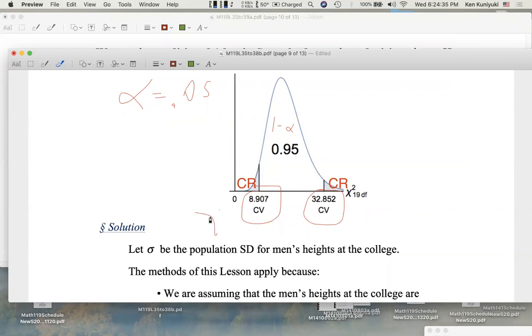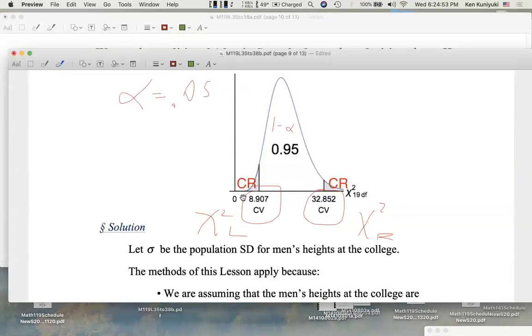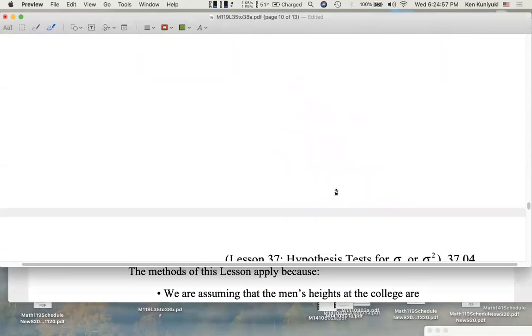This over here is chi-squared sub L. This here is chi-squared sub R, the left and right critical values. The chi-square values that are more extreme than the critical values make up the critical region, and they correspond to the left and right tails over here.